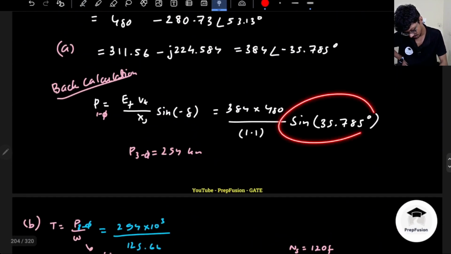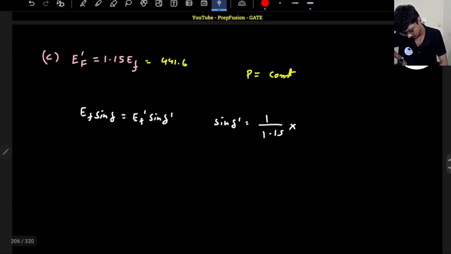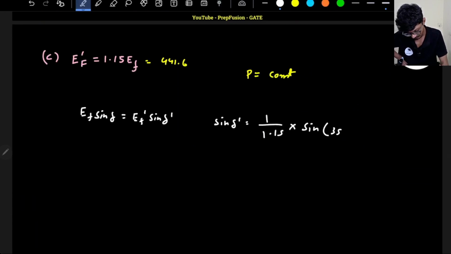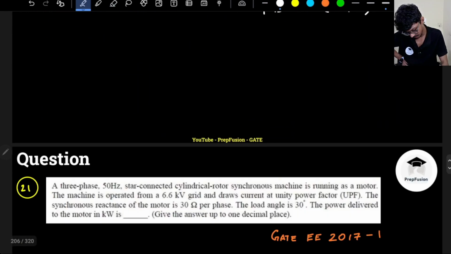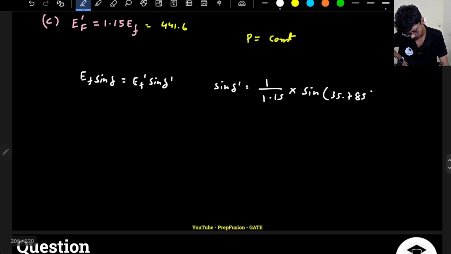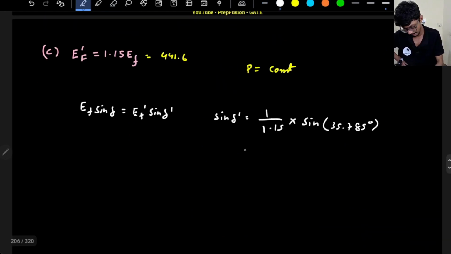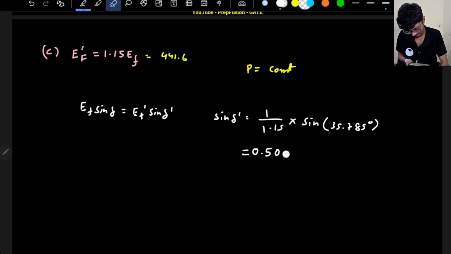So this will become 1 by 1.15 into the old sine delta. Old sine delta was 35.785, the negative sign automatically gets cancelled. 35.785 divided by 1.15 gives 0.508 sine delta.